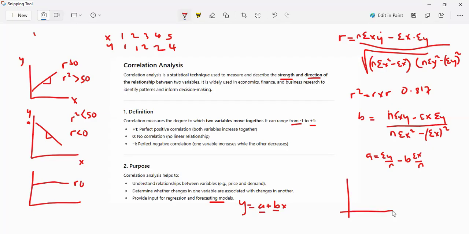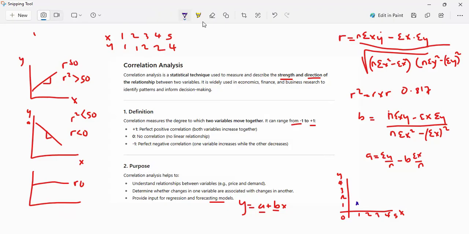So our x is here and our y is there. So here we have 1, 2, 3, 4, 5 on the x, and on the y we have 1, 2, 3, 4. So plotting this, we can tell the relationship that we have 1 on 1.